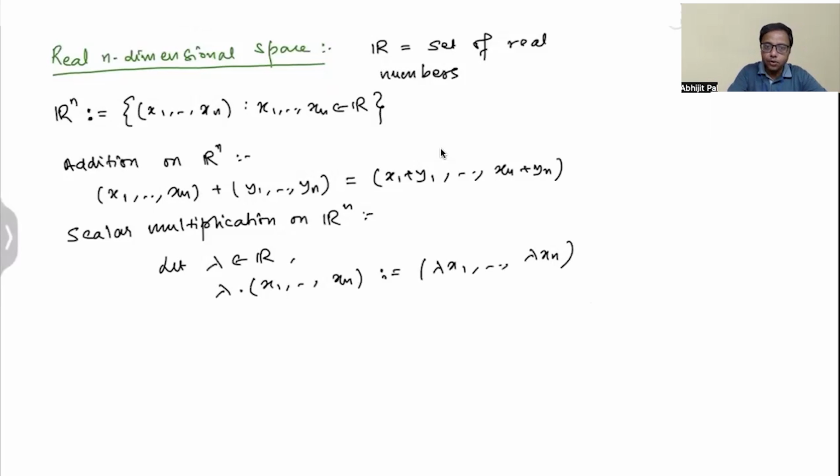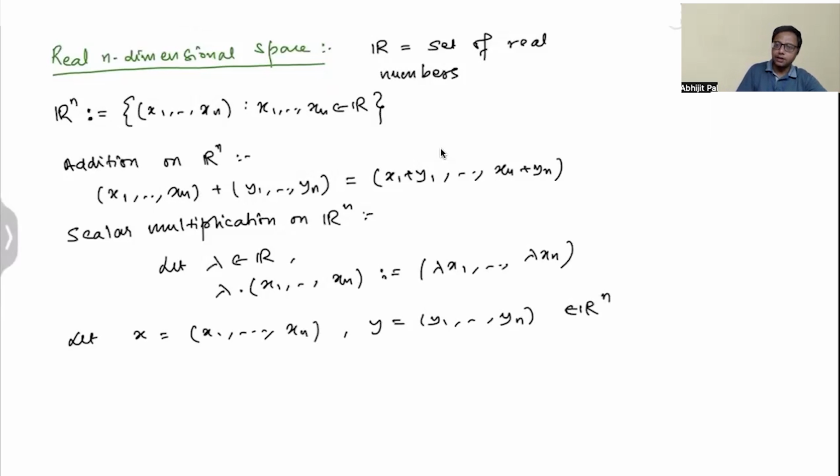Now we have a nice algebraic structure on this Rn, and now we define a distance function on Rn, which is called the Euclidean distance. Let us take two points, x equals x1, up to xn in Rn, and another point y1, up to yn in Rn. Both of these elements are in Rn.